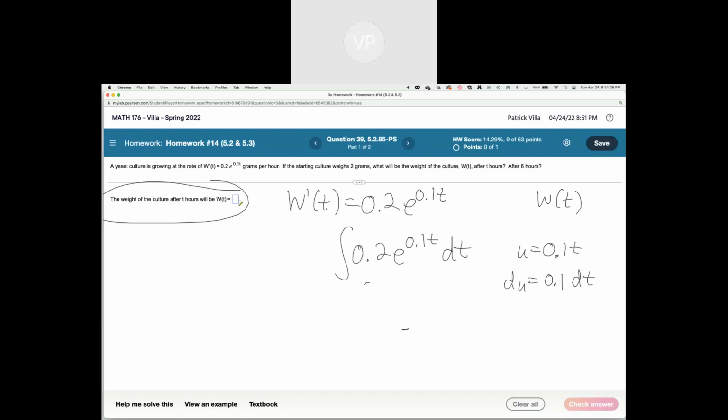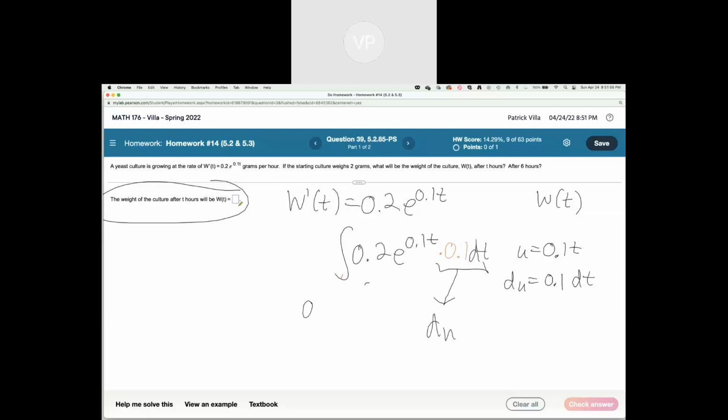Okay, so what that means is I need to have a 0.1 touching this dt, multiplying. I'm putting it on top, but it's multiplying. So let me just rewrite this a little nicer so you can see where I'm going. It's going to be multiplied times a 0.1, and the dt is still there from above, because we're doing the integral. So this right here is going to become my du.